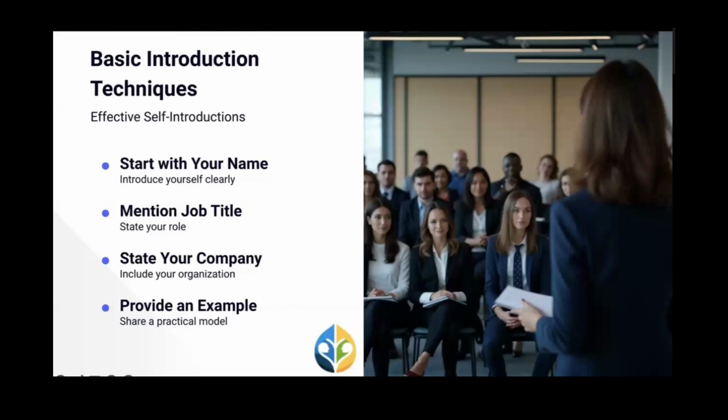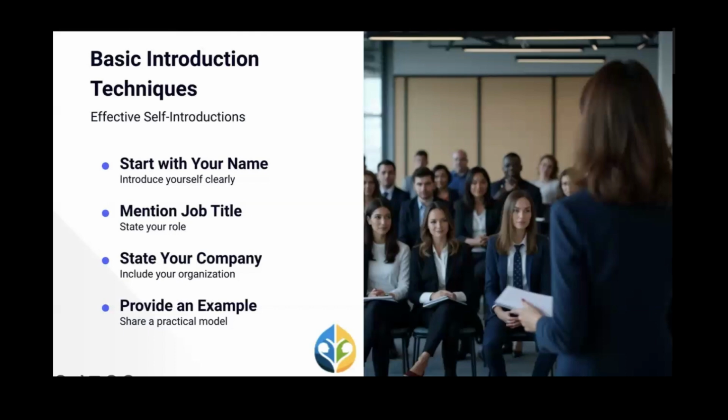Let's start with your name. Clearly stating your name is the first step in making a strong impression, particularly if you're talking to English speakers and you don't have an English name or some English equivalent. And that's okay. Just be clear about how to pronounce it and state it. It helps the listener remember who you are.